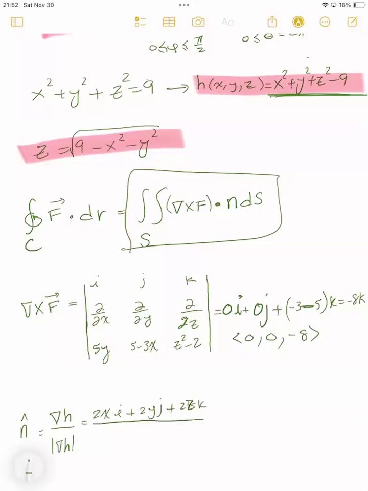And then we want the magnitude, which is just going to be the square root of 4x to the power 2 plus 4y to the power 2 plus 4z to the power 2.